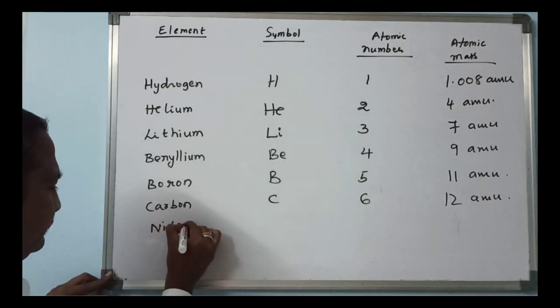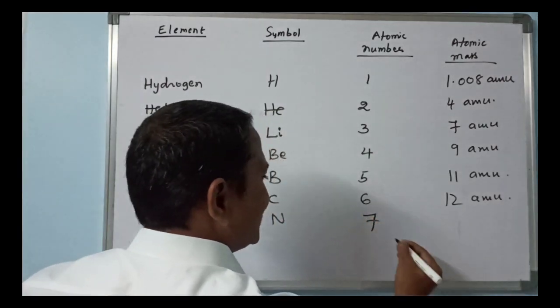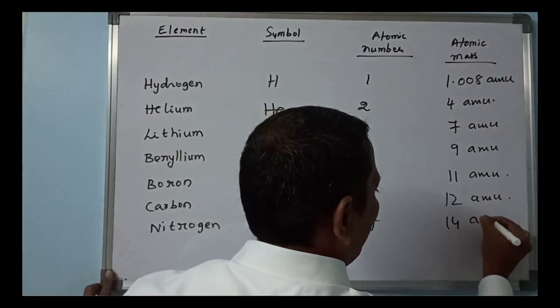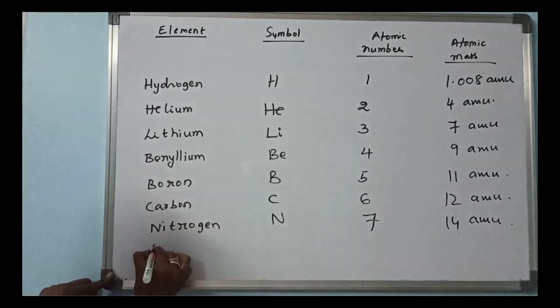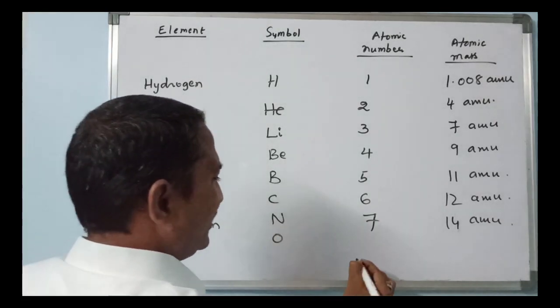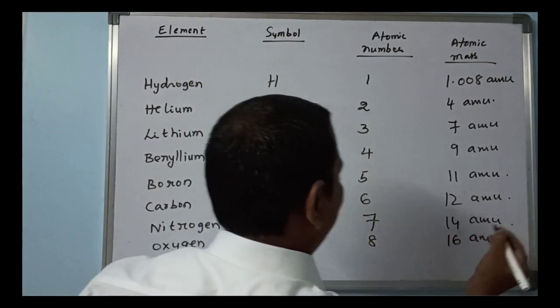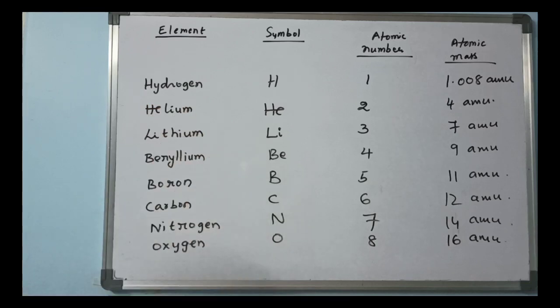Nitrogen, symbol N, atomic number 7, atomic mass 14 AMU. Oxygen, symbol O, atomic number 8, atomic mass 16 AMU. Okay, note down.